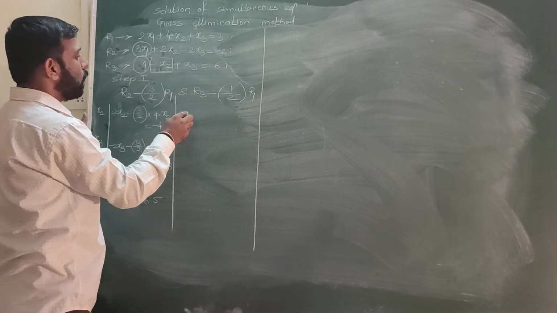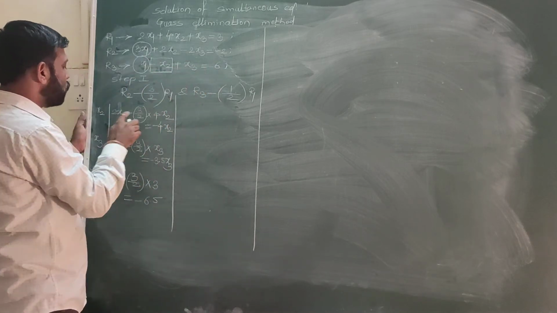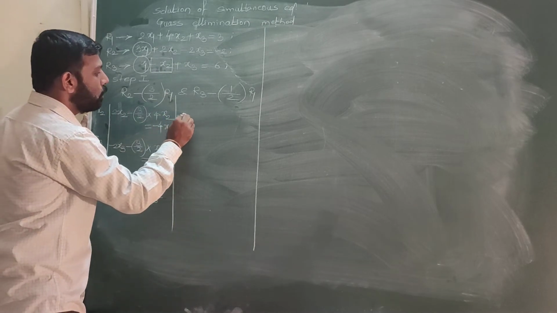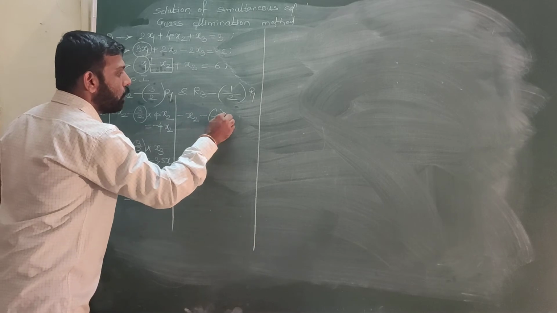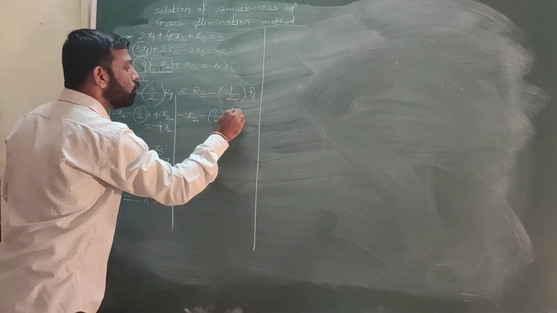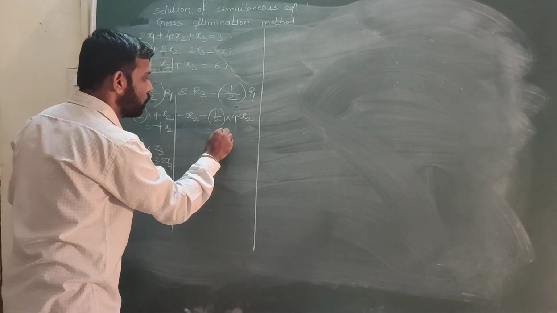Similarly, we will discuss here R3. This element is 0. What will be the x2, x3 and constant? Continuously we will write x2 minus multiplying factor and its R1, 4x2, which equals the output minus 3x2.